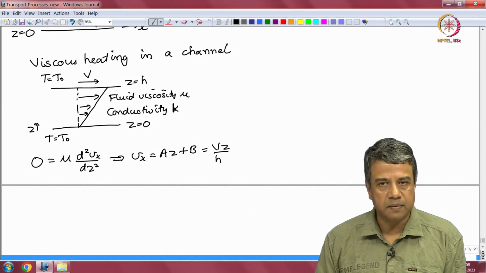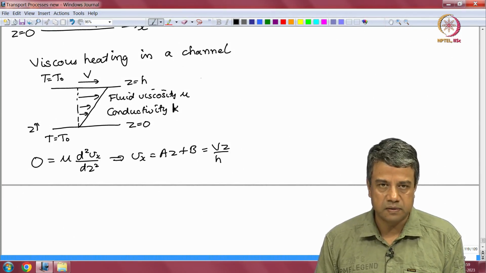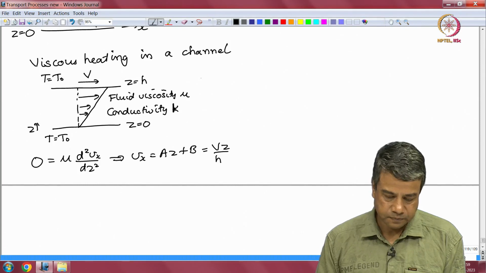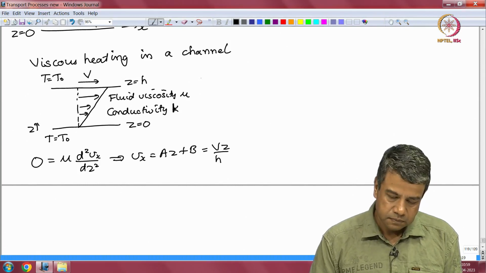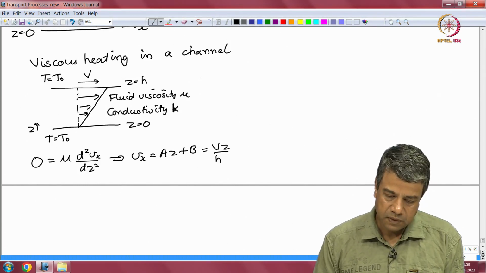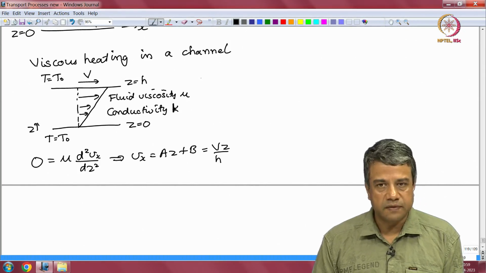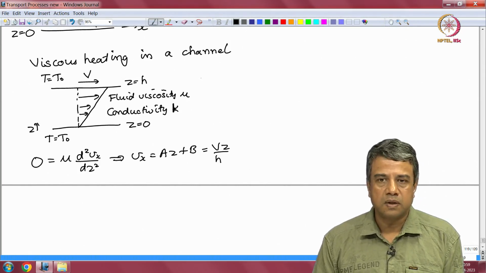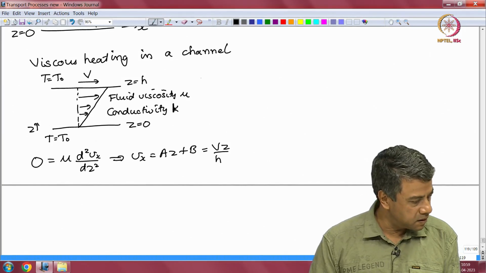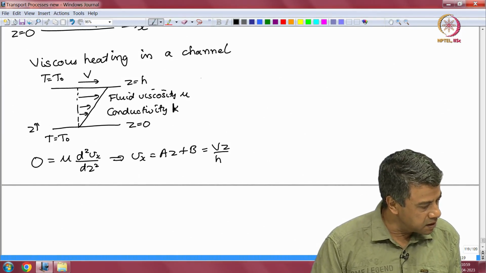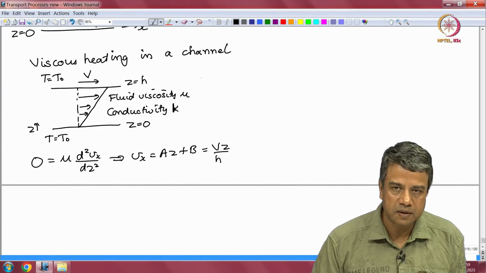Constant A is V by h, constant B is 0, you get a linear profile. So, this is the velocity profile. What is the source of heat energy? The heat energy generation per unit volume of fluid per unit time.